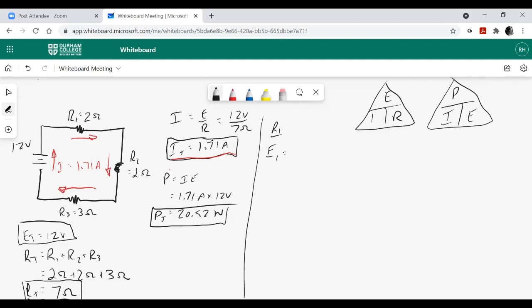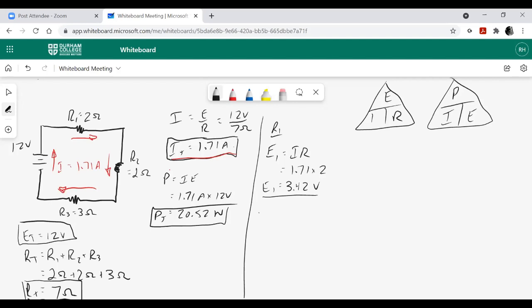So if I cover the E in the triangle, I'm left with E equals IR, which equals 1.71 amps times 2 ohms, which is 3.42 volts. Okay, so that's E1.